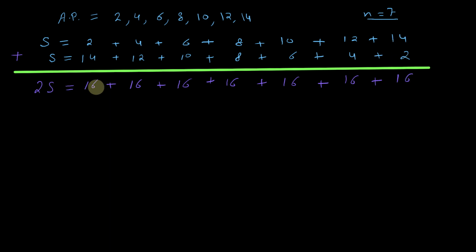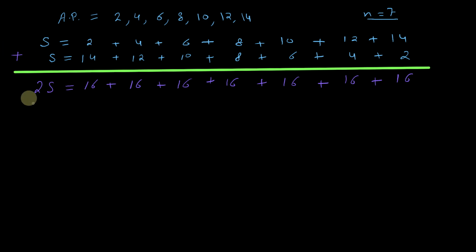And how many times do you get these 16s? These are 1, 2, 3, 4, 5, 6, and 7, right? And this is nothing but this 7, the number of terms.